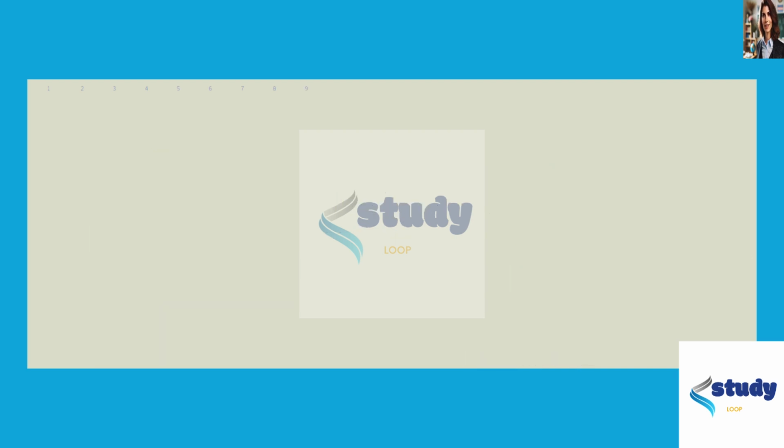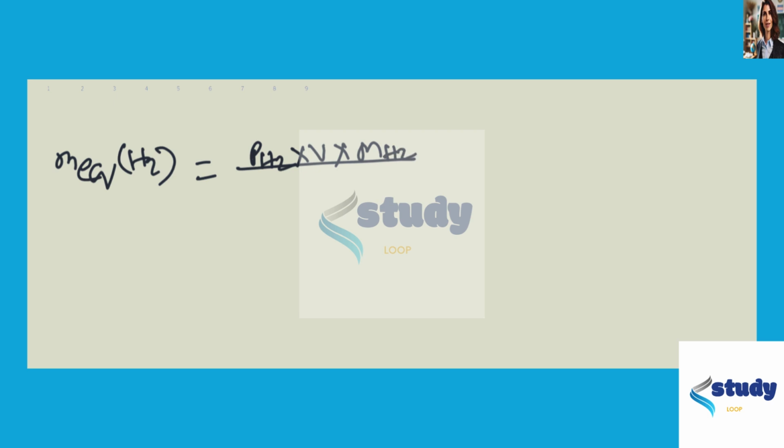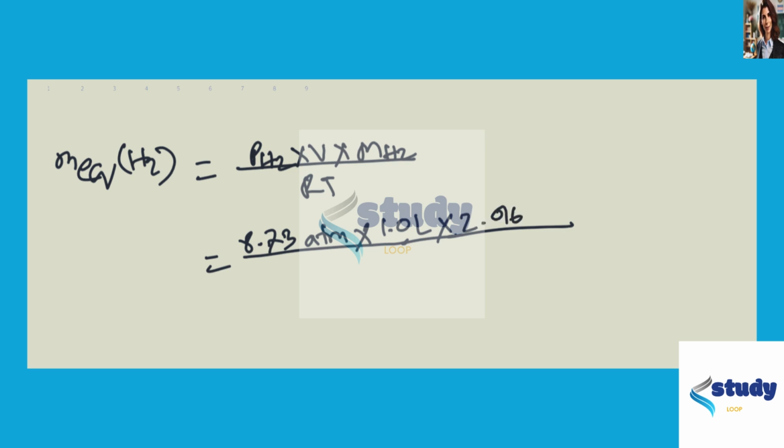In the same way, we can find the equilibrium mass of hydrogen, which will be same as before. The formula will be: partial pressure of hydrogen times volume times the molar mass of hydrogen over RT. The partial pressure of hydrogen we have calculated as 8.73 atm, times the volume is 1 liter, times the molar mass of hydrogen gas, 2.016 gram per mole.